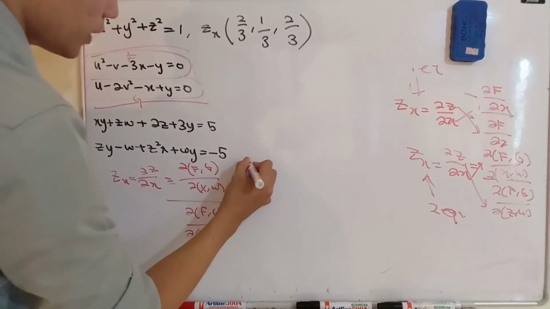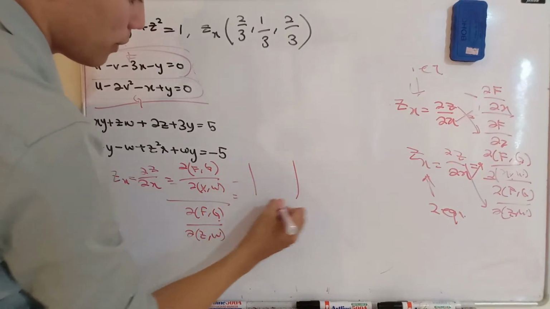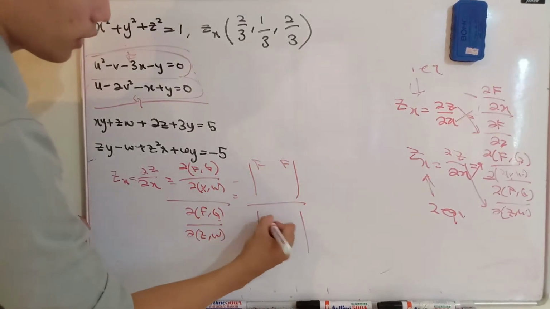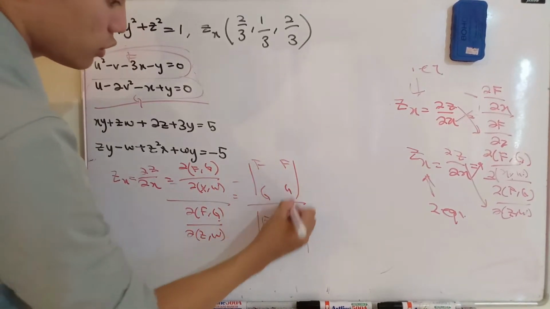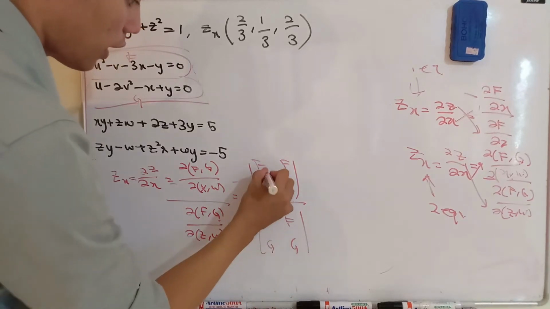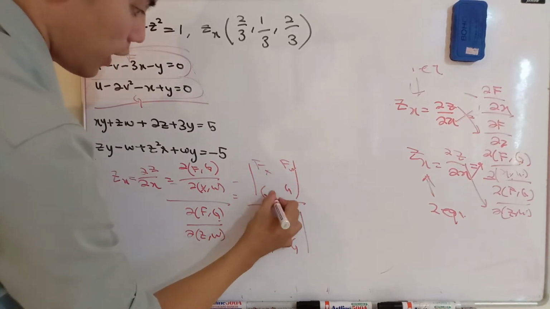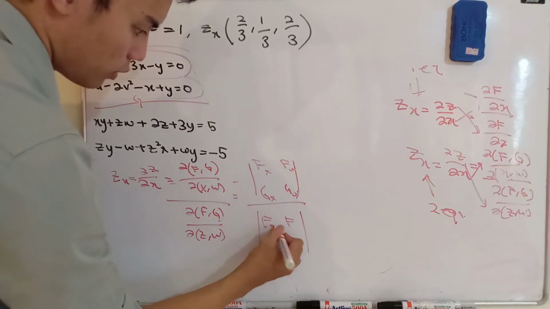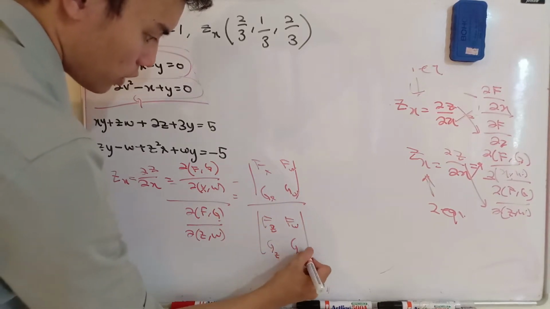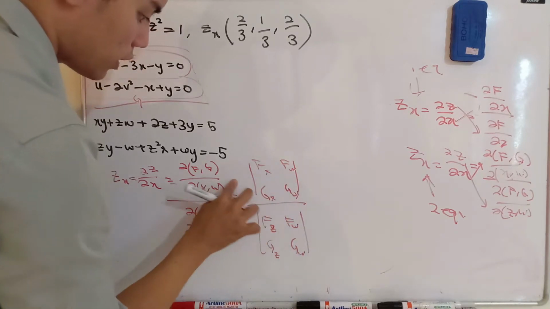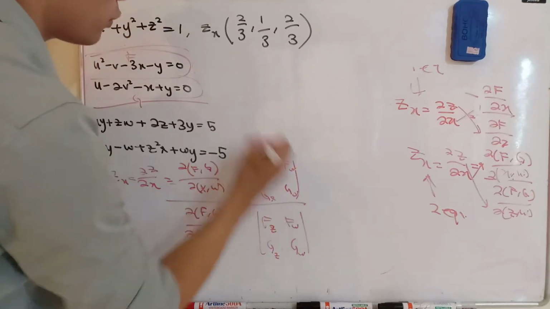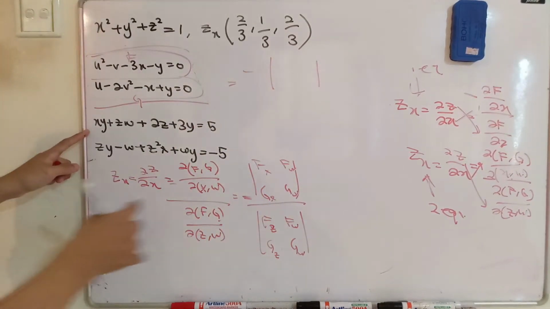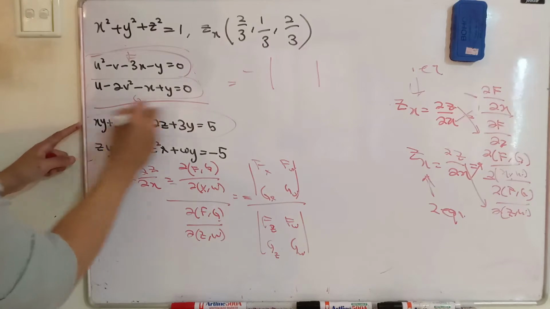So here I need to do the determinant: f f, g g, then s w, then z w. So I have the negative over here. After that, I choose this one as my f.